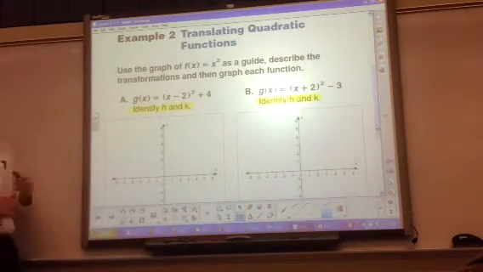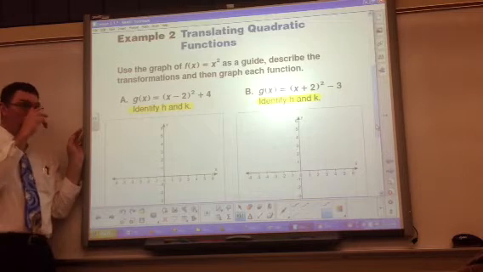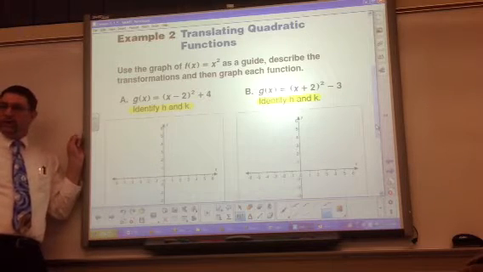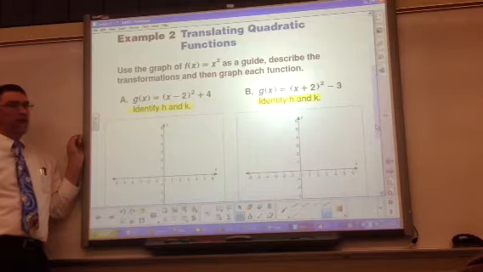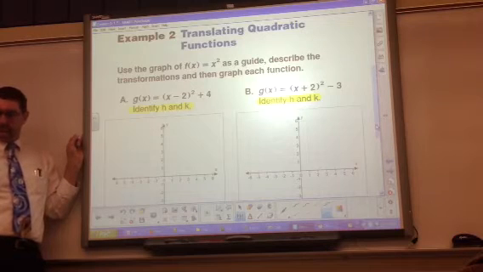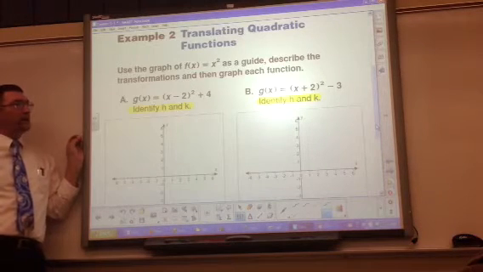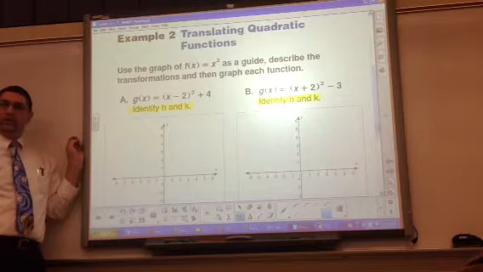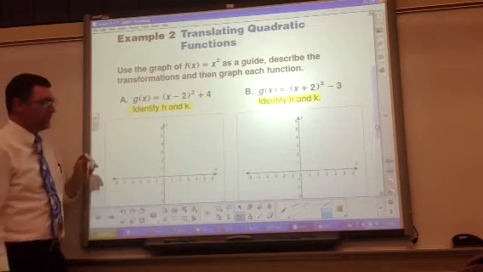So we're going to do some translations. The first thing we want to do with our translations is identify h and k, because once we identify h and k, then all we have to do is shift the graph over there.